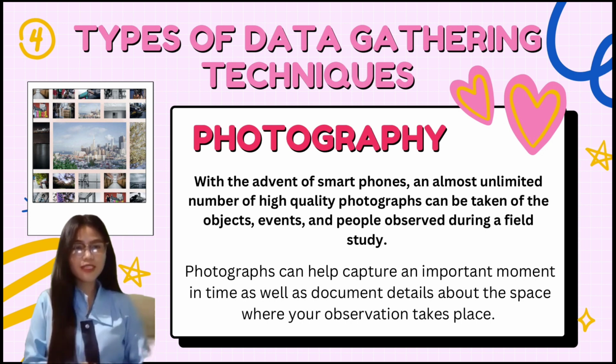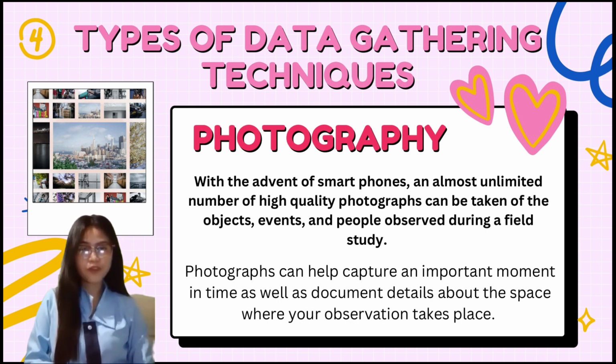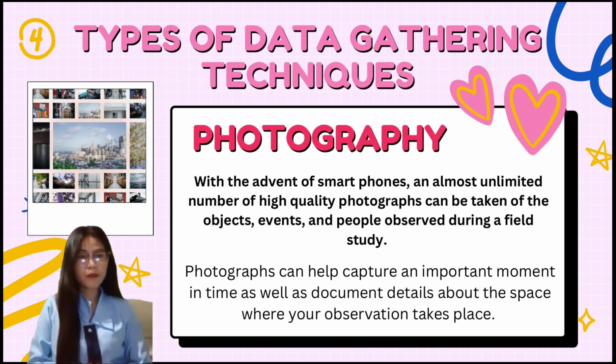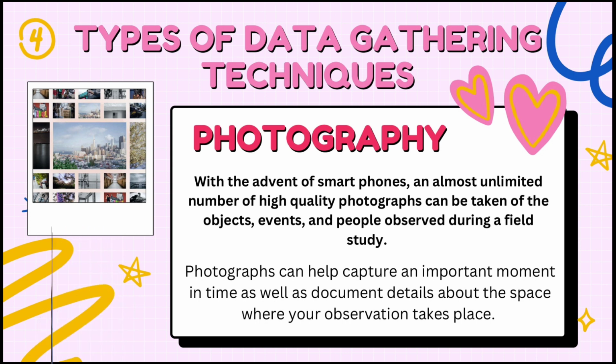Okay, so now let us proceed to the second technique of gathering information, which is photography. As we all know, by the use of our technologies such as smartphones, almost unlimited high-quality images can be captured.